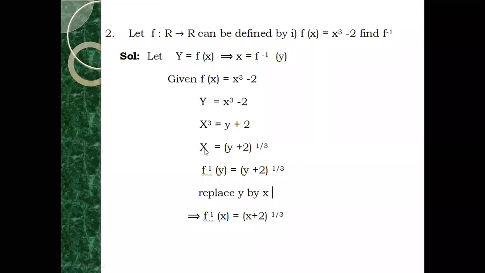So the power will be removed and we get x is equal to y plus 2 whole power 1 by 3. So here x is equal to f inverse of y. We replace the x value: f inverse of y is equal to y plus 2 whole power 1 by 3.